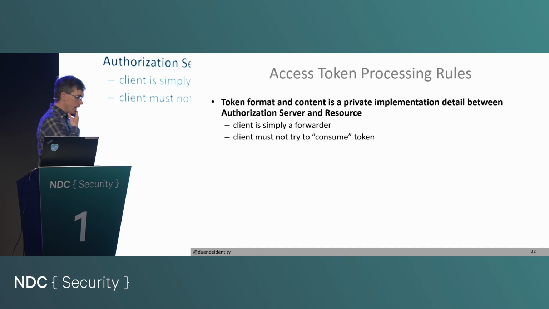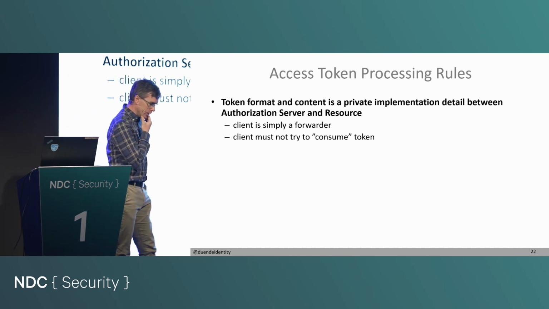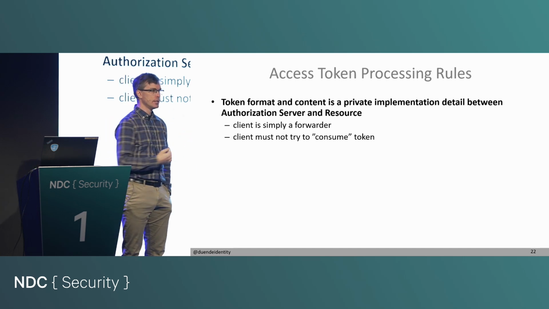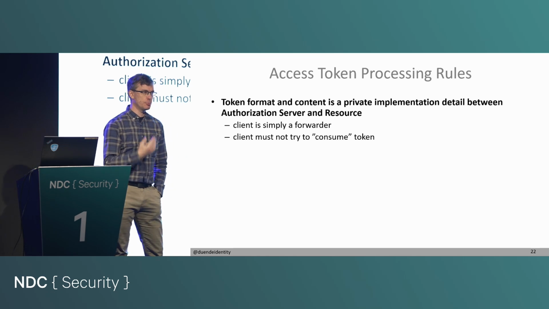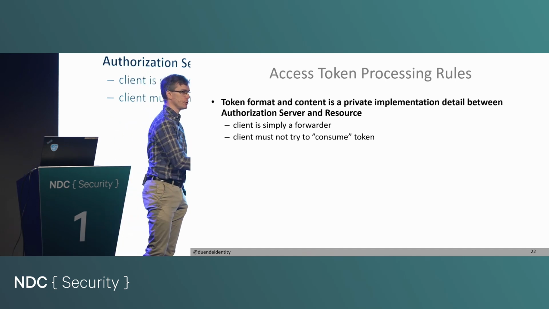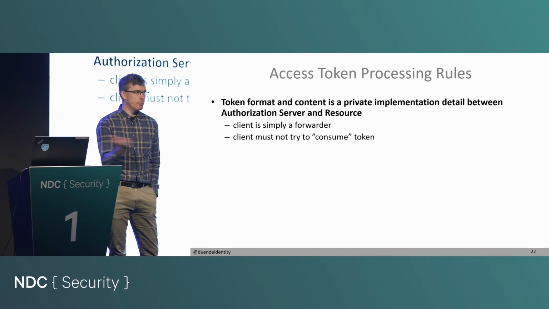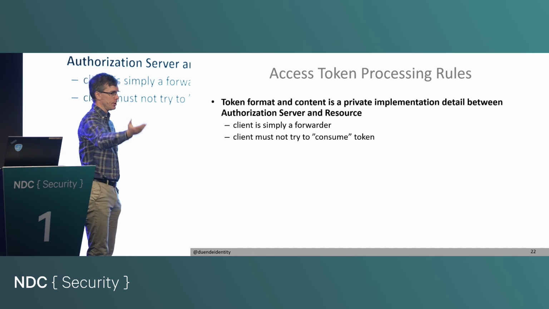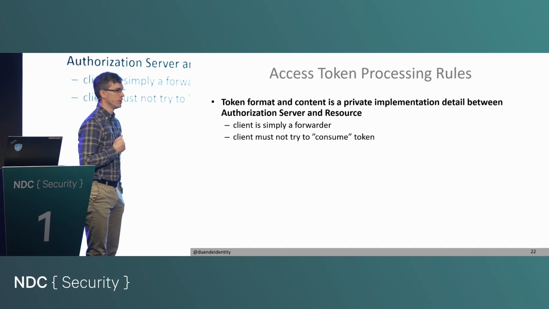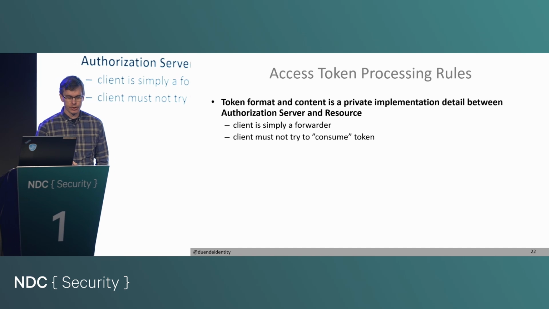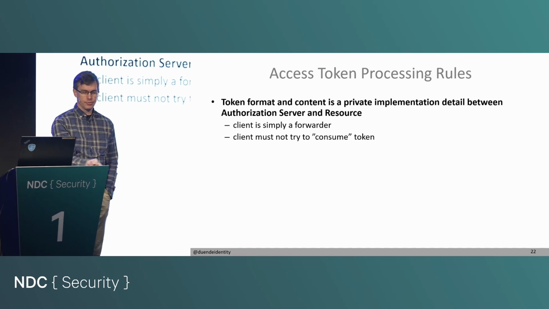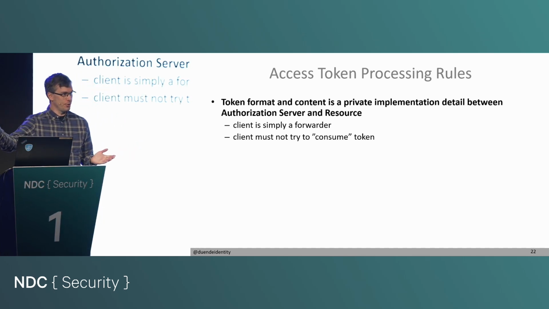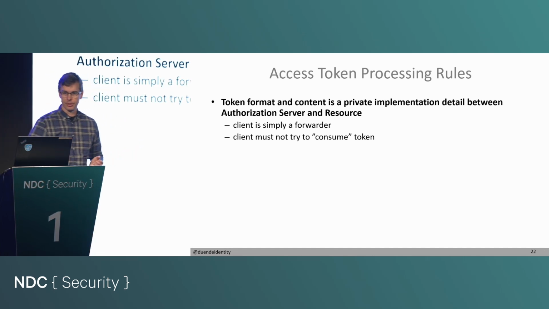At least a few years ago, if you signed into Azure AD and got an access token to call the Microsoft Graph APIs, that was not a JWT. It was a proprietary token format from Microsoft. I don't know how to decode it, but it doesn't matter because I should not. As a client, I just forwarded it to the Microsoft Graph API. Azure AD can perfectly issue JWT tokens as well if you have third-party APIs, because if you produce the API, you definitely do want to know what the token format is because you are about to consume it.